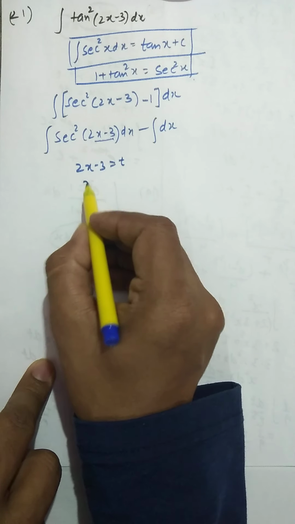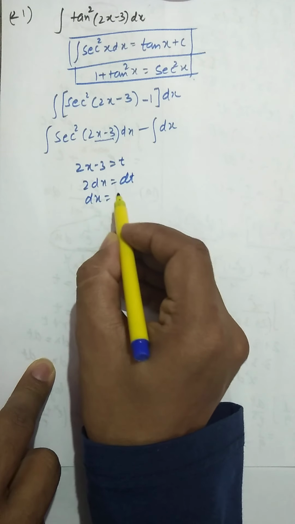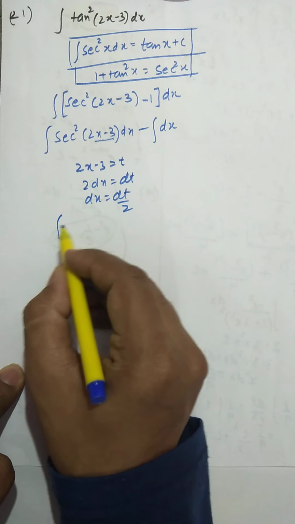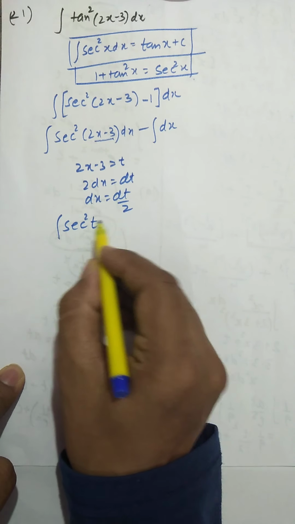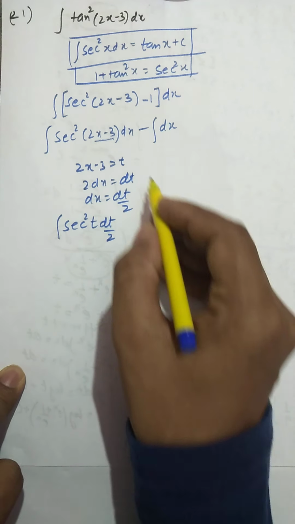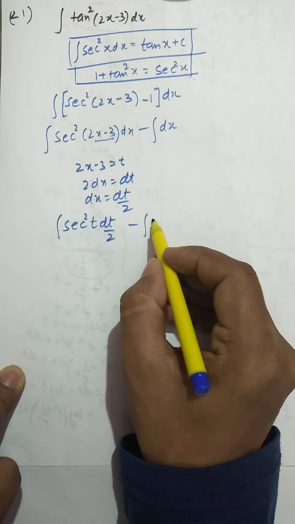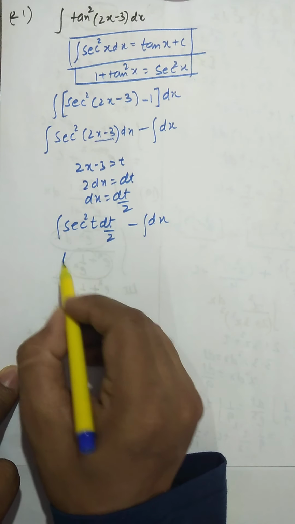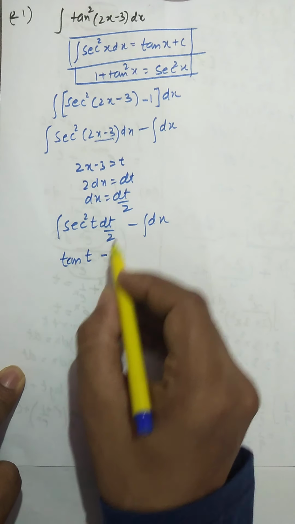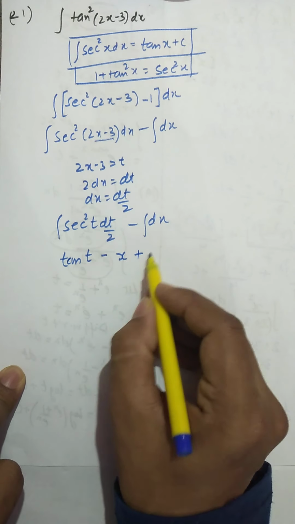So now it is 2 dx, and this is dt. So dx is going to be dt by 2. So you apply this here. So it is going to be sec square t, and dx you replace with dt by 2, and this is now tan t, and this minus 1 is there, so you can write this minus x, and this is plus c.